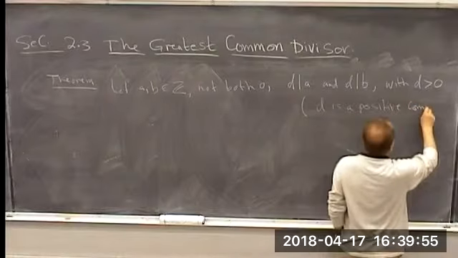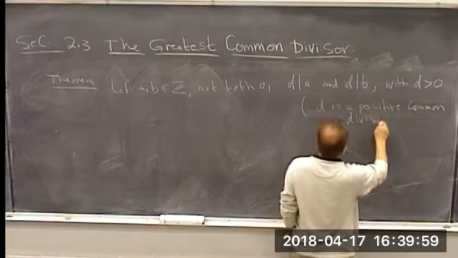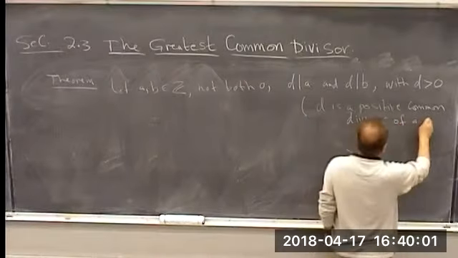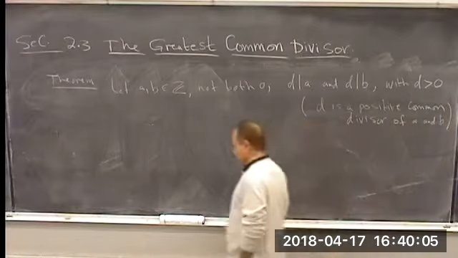So D is a positive common divisor of A and B, not necessarily the greatest common divisor.